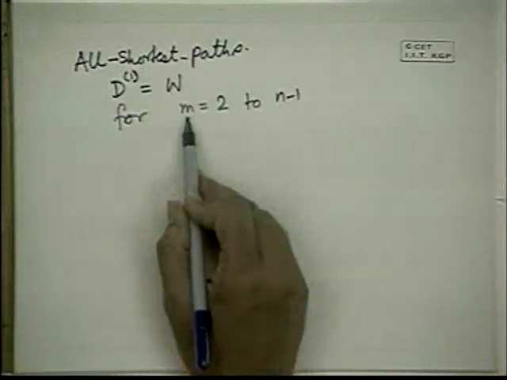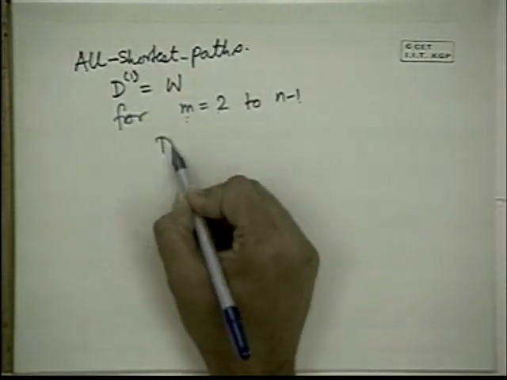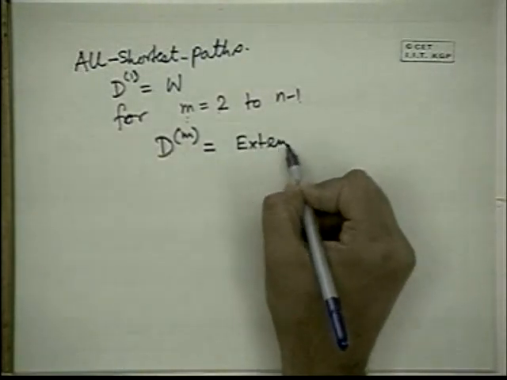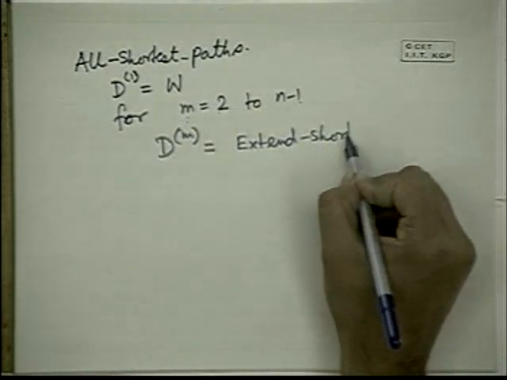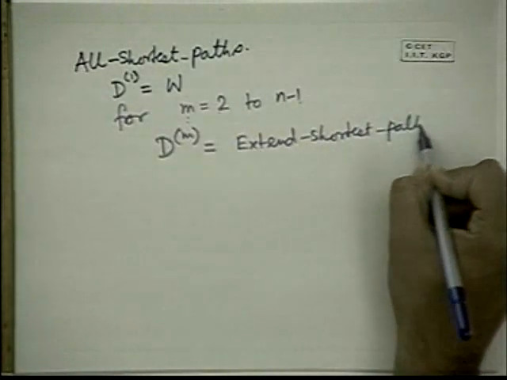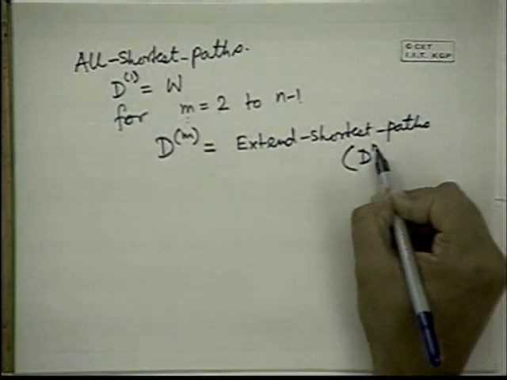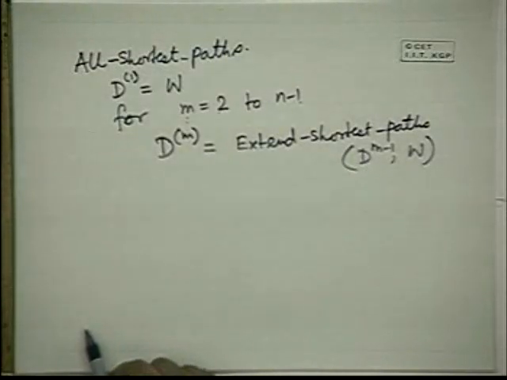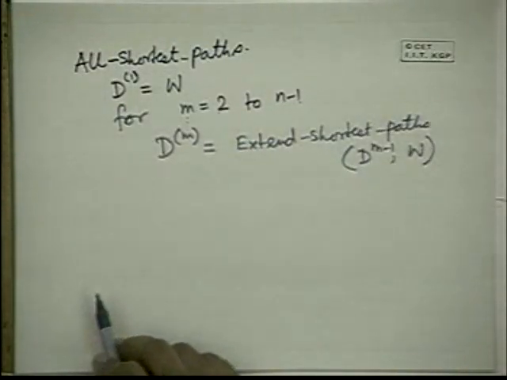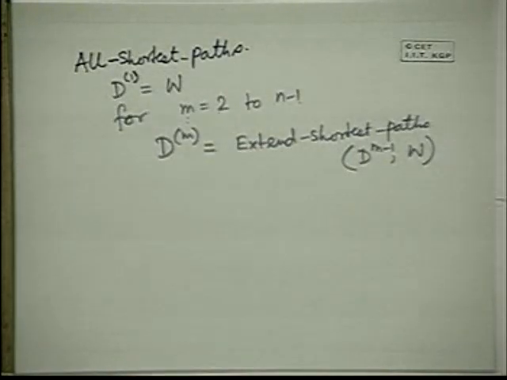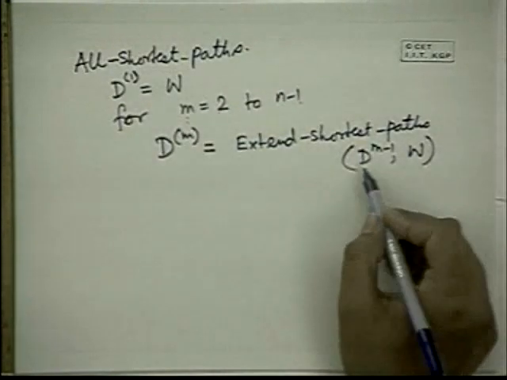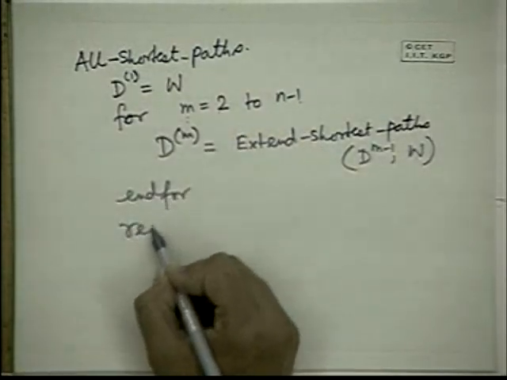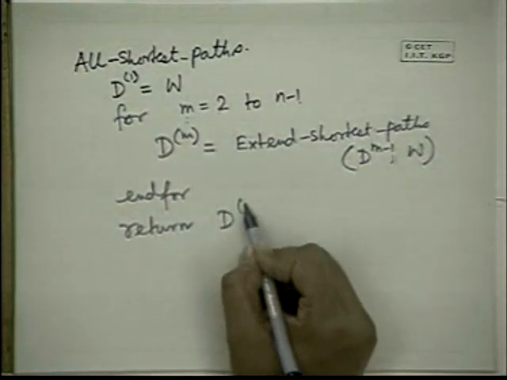So we need to go from M is equal to 2 to n minus 1, and your Dm is exactly equal to, you call that previous algorithm extend shortest paths with argument Dm minus 1 and W. Remember in that algorithm we had 2 parameters, so we supply these parameters, and return ultimately Dn minus 1.